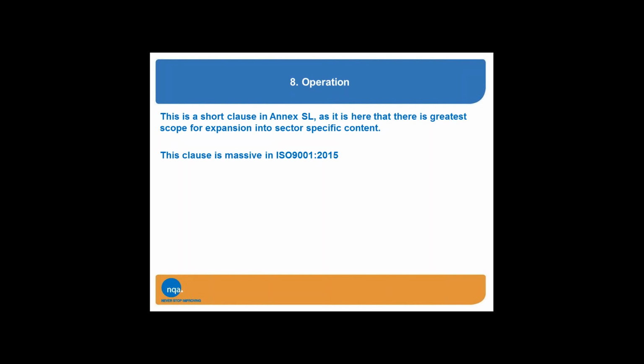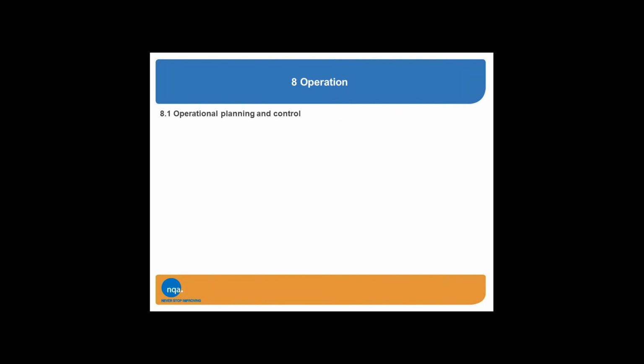And for that reason, it's a very big clause in 9001 2015. And just by way of comparison, if any of you are familiar with the 14001 2015 standard, you will see that it's a fairly short clause in the 14001 compared to a pretty lengthy clause in 9001.